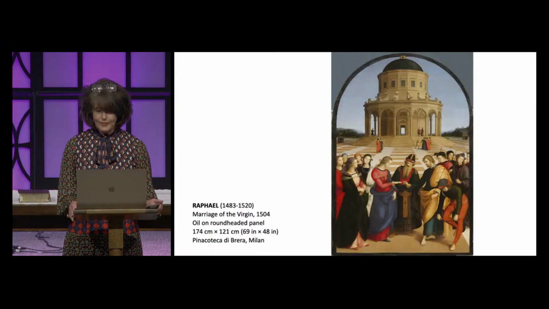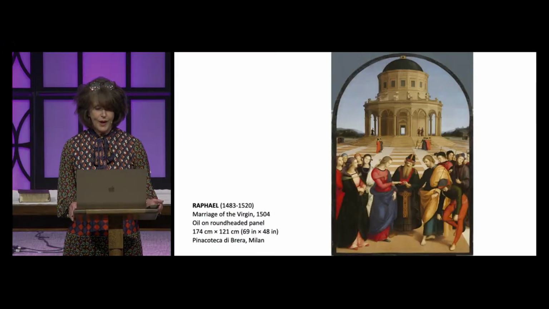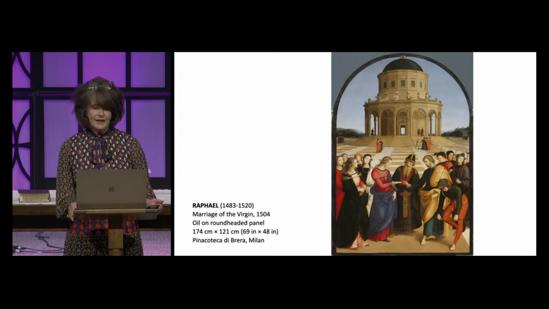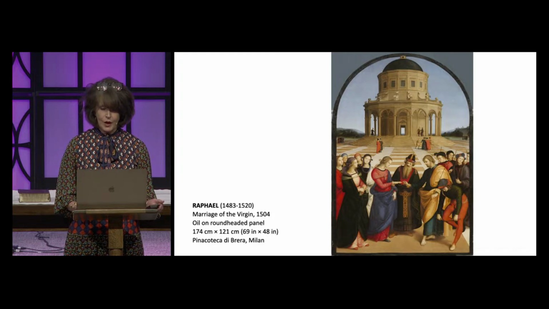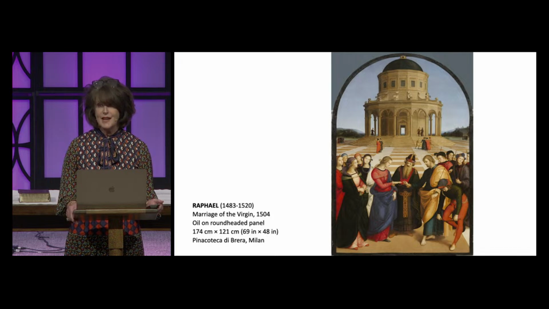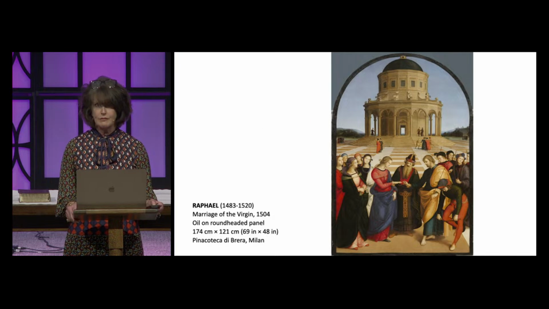So according to the Proto-Evangelium, the chief priest Zacharias orders all the unmarried men of Judea to bring their staffs with them to the temple, and he would pray over them, hoping for a sign from God about who should become Mary's husband. Joseph is an old widower by this point, but the priest compels him to bring his staff anyway. Well, guess whose staff miraculously sprouts?